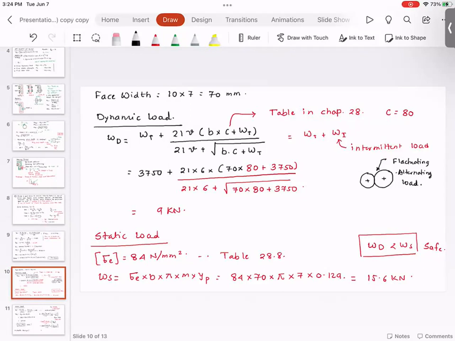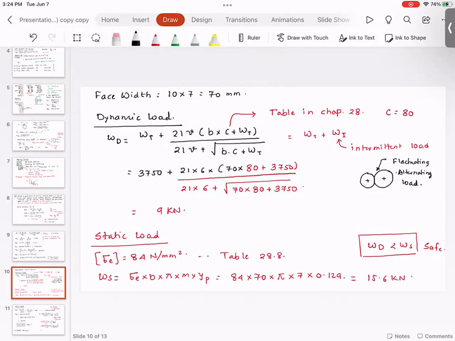So just for 1 minute, go to chapter 28 and look at the table where the tooth correction factor, error factors are given and the appropriate value of C is given. The material here is cast iron. So for that material, the value of C is 80. Then find out the dynamic load, which is 9 kilonewton.